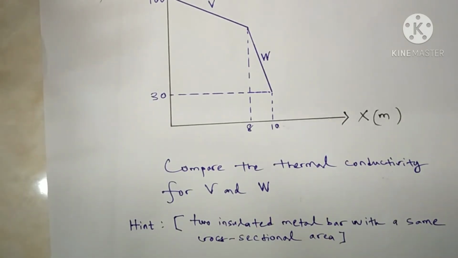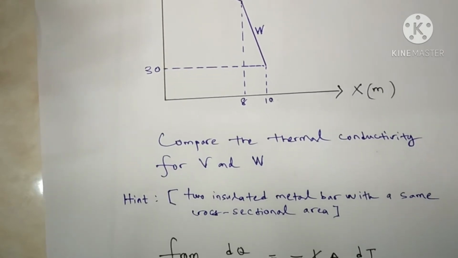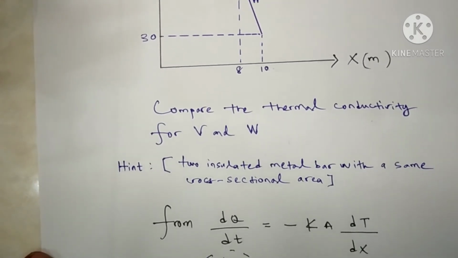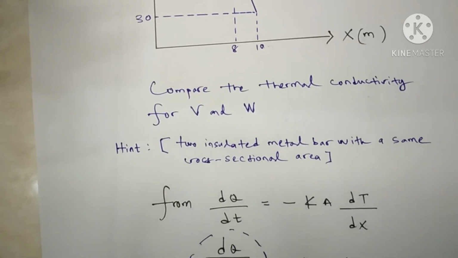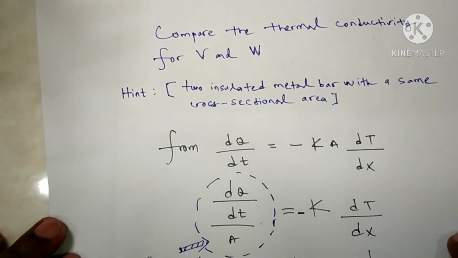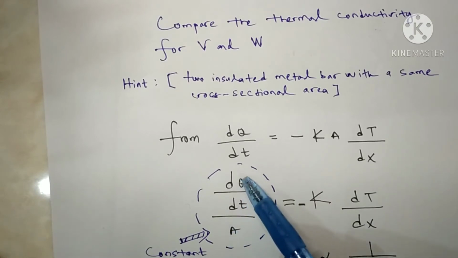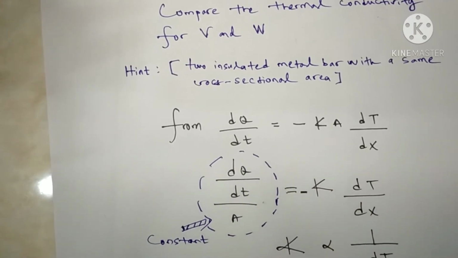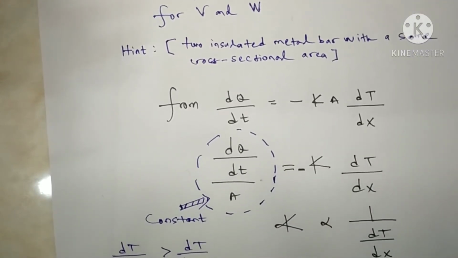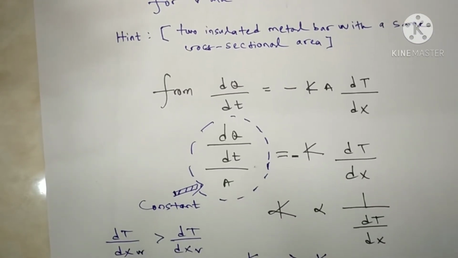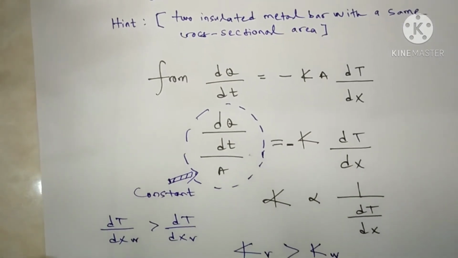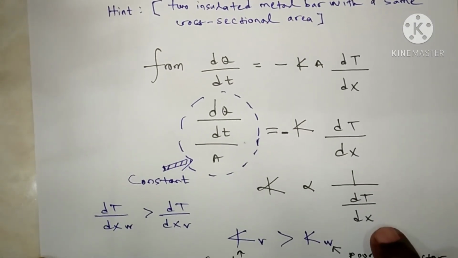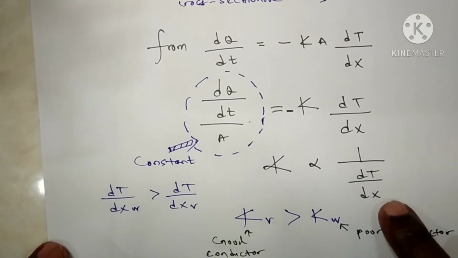According to the rate of heat flow, which equals negative KA times the temperature gradient, the rate of heat flow and the cross-sectional area are constant. So the thermal conductivity K is directly proportional to 1 over the temperature gradient.